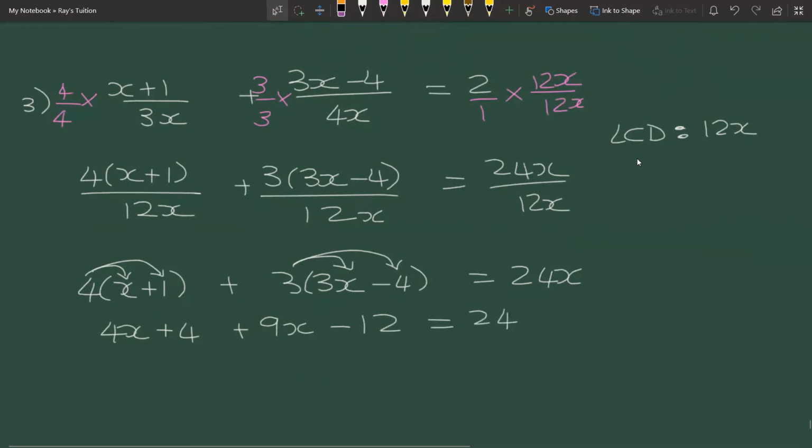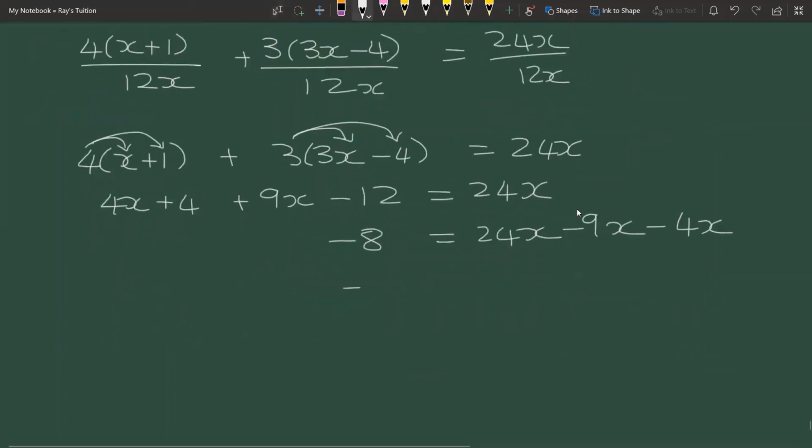Once again, we can take everything to one side and simplify. So the 4 and the minus 12 give us a minus 8 on the side. And then the 24x, I'm going to take over the minus 9x and the minus 4x. So we have minus 8 is equal to 11x, if we subtract the 9x and then the 4x.